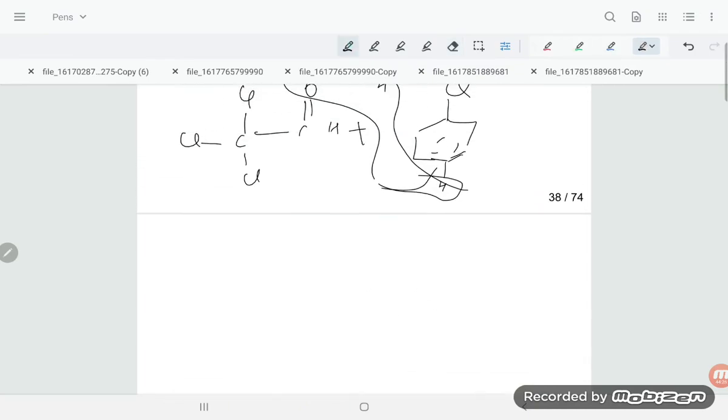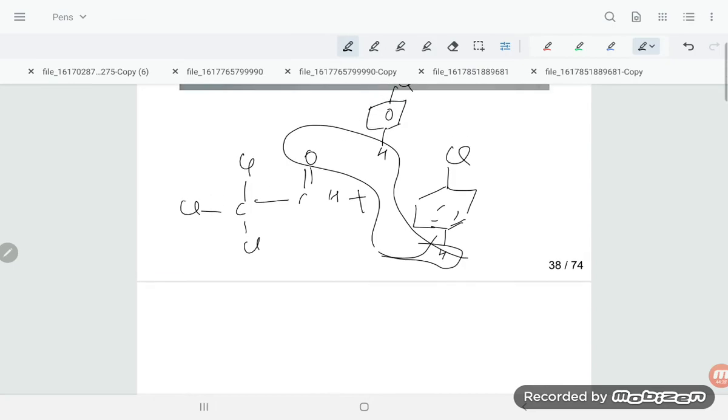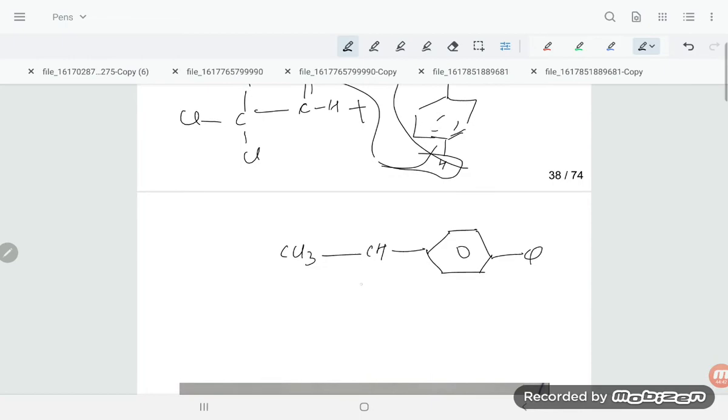Let us have this one. So CCl3, and here is the C, H. The benzene ring will be like that with the Cl here, and another benzene ring will be like this with the Cl here.